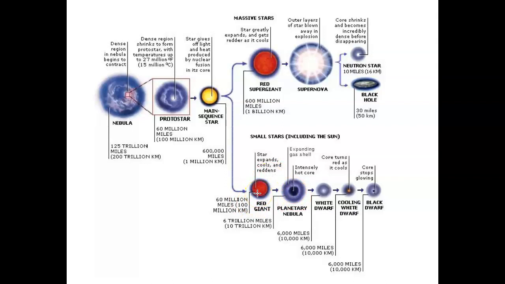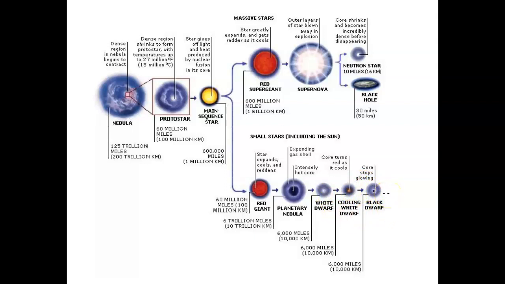It goes through a little midlife crisis, blows off some outer layers in a planetary nebula, and collapses into a white dwarf. And theoretically, the white dwarf, since it is no longer undergoing fusion, never replaces its energy, so it is just continually cooling off and would eventually, theoretically, turn into a black dwarf.